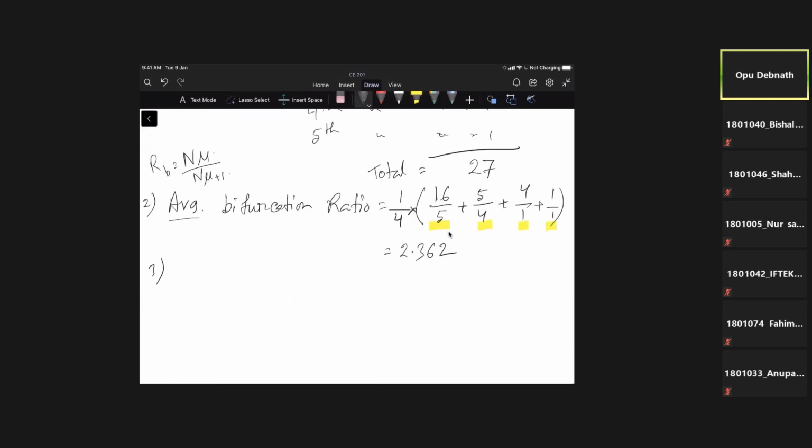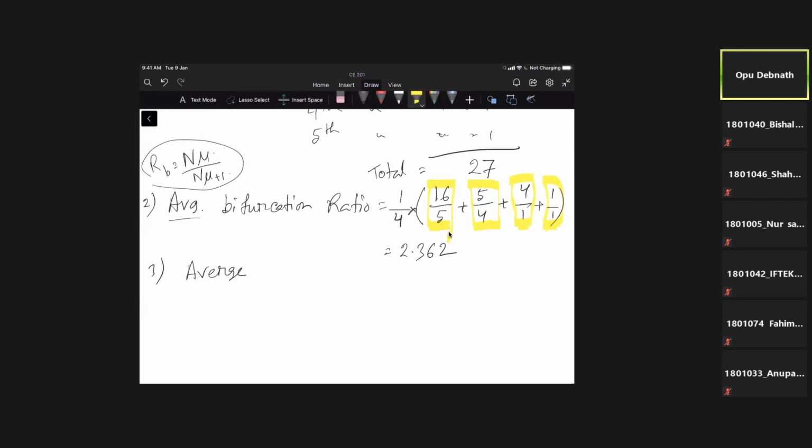Our third topic, this is the average. Actually, the bifurcation ratio stands for this equation. So these terms: this is the bifurcation ratio of first order, and this is the bifurcation ratio of second order, third order, and fourth order.